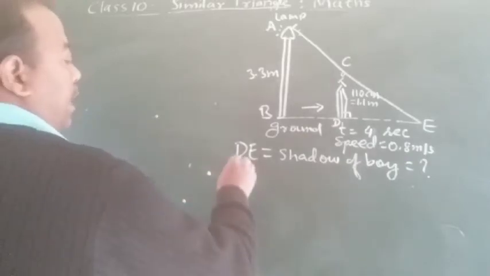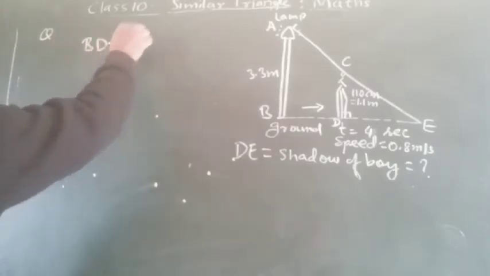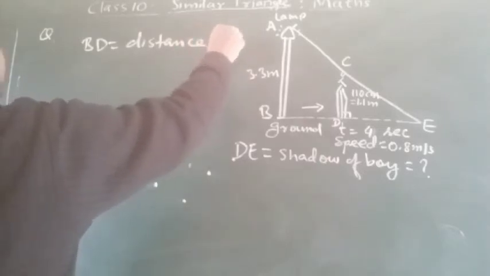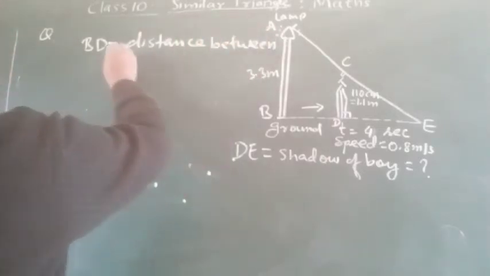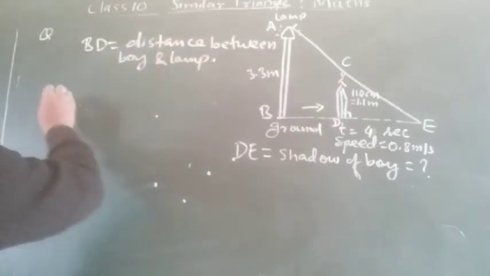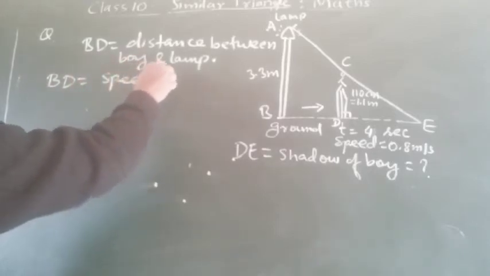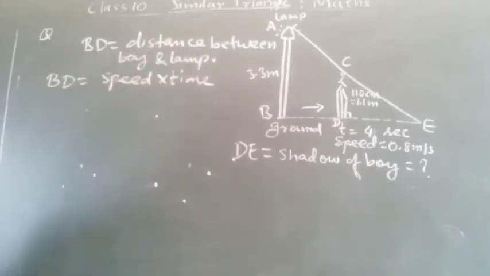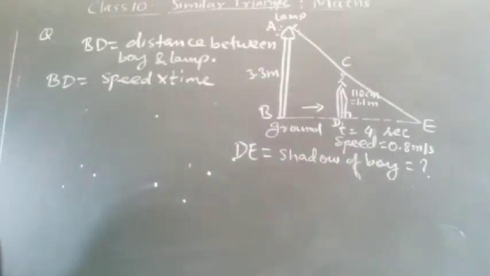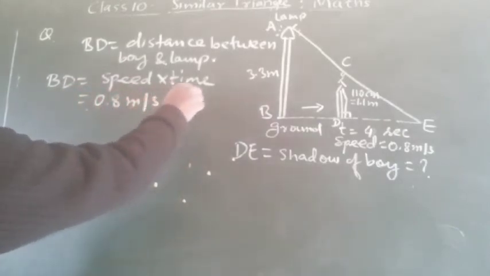And BD equals the distance between the boy and the lamp post. So BD equals speed into time. The speed of the walking boy is 0.8 meter per second, in 4 seconds.